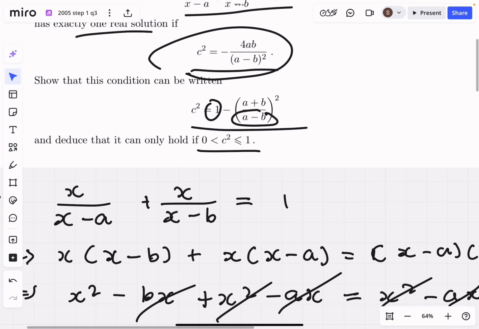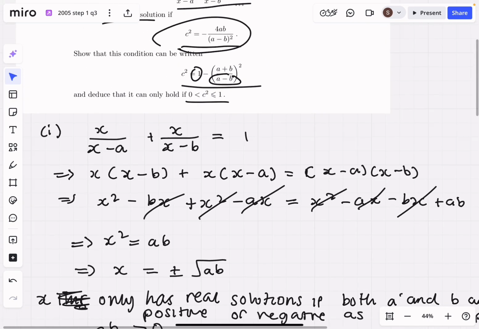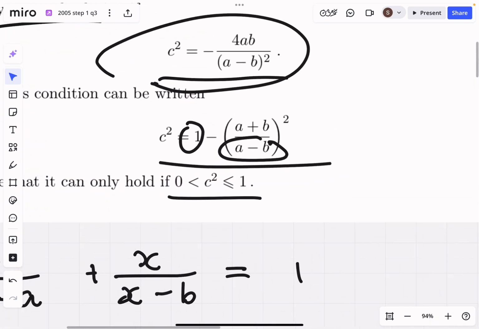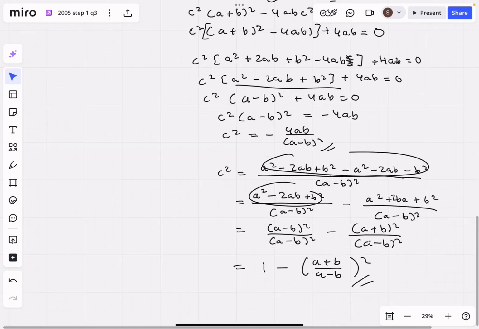Well, it can only hold. Deduce means that we don't need to do that much more to get to that solution. So let's look at both sides of the inequality. First, let's show that c squared has to be greater than 0.